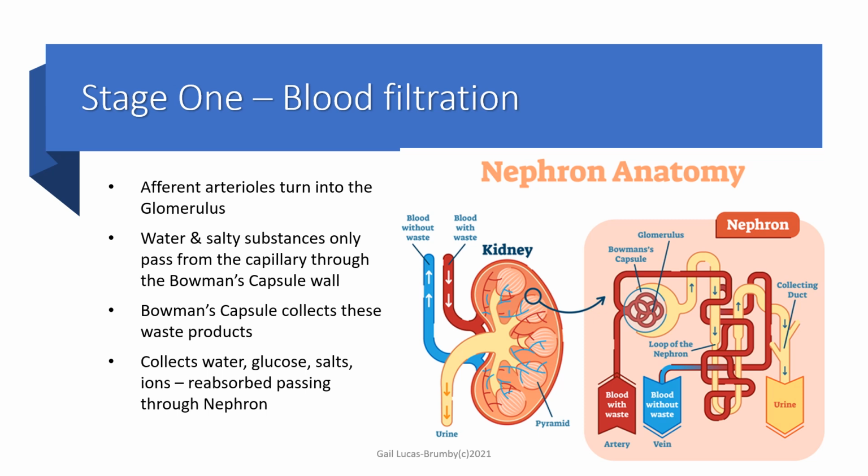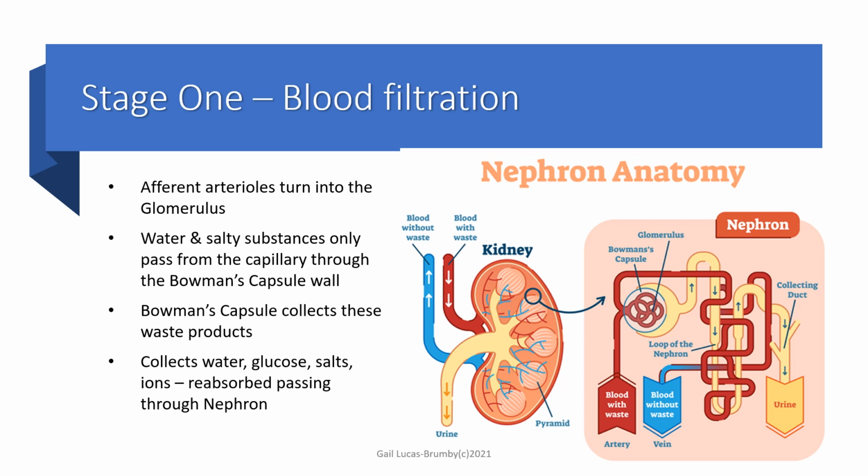So these arterioles take the blood into the nephron. They then form a tangled mesh of vessels, which is known as the glomerulus. Now the glomerulus has a much more porous wall to the blood vessels, and through this porous wall pass the water and salty substances from the blood through the capillary wall into the Bowman's capsule.